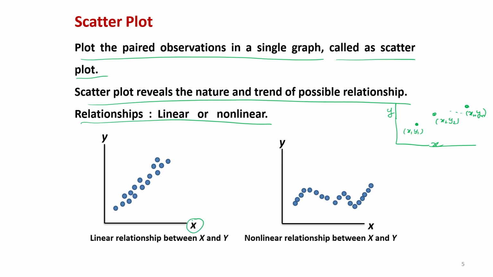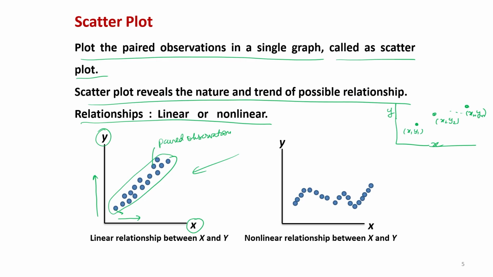If I take this x and y axis, and we make this type of diagram, you can see all these dots are indicating the paired observations, right. All these observations are lying in a small group, and they indicate that as the values of x are increasing, the values of y are also increasing.